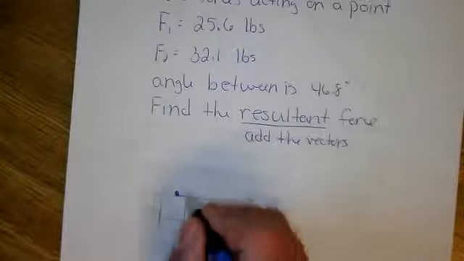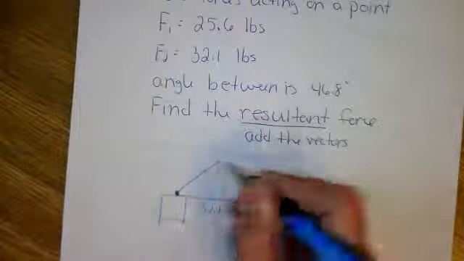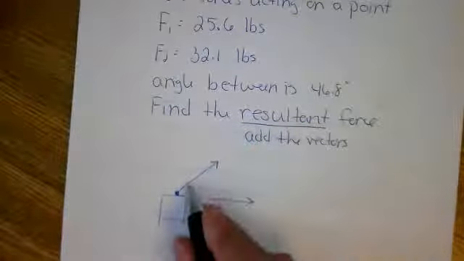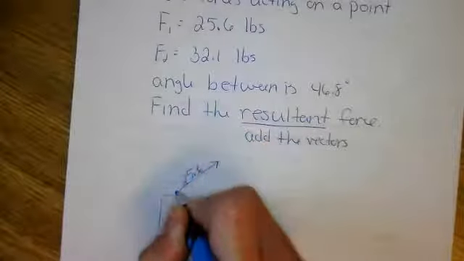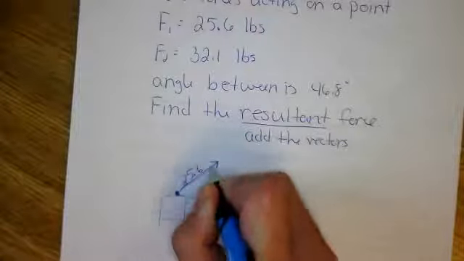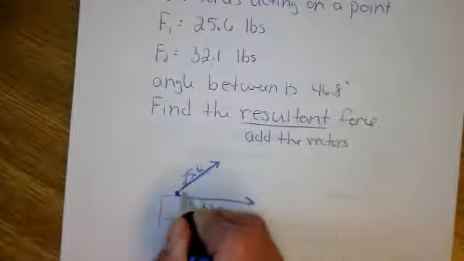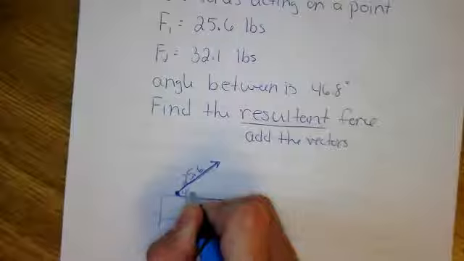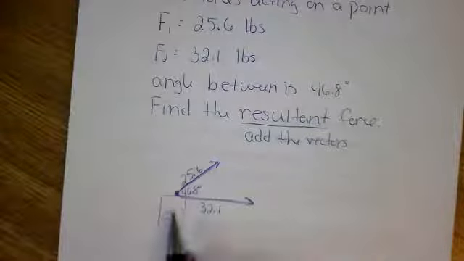And then the second rope, there's a little over 45-degree angle, but it's a little bit shorter vector because it has less force on it, 25.6. So right now, these two vectors are tail to tail. They're both pulling out with the 46.8 here.